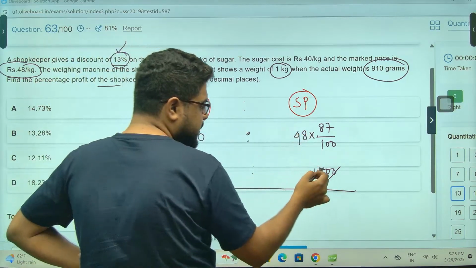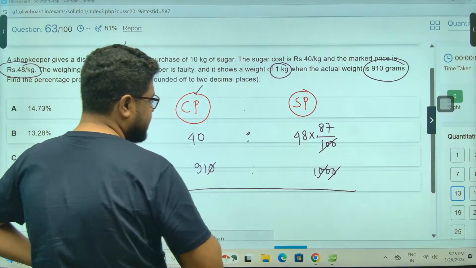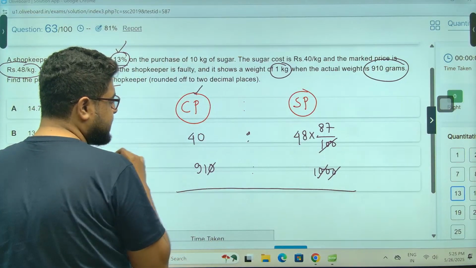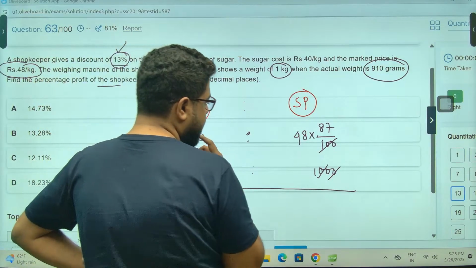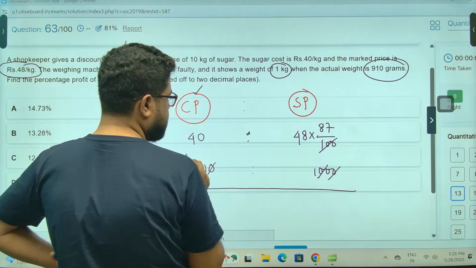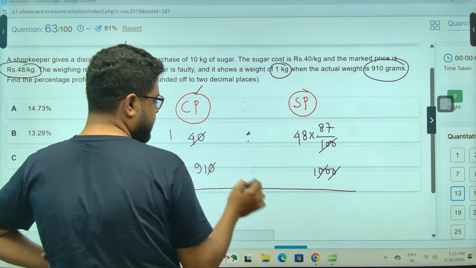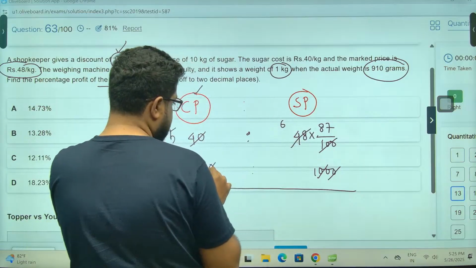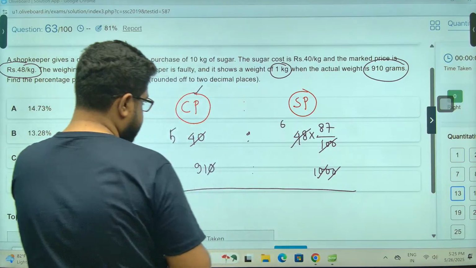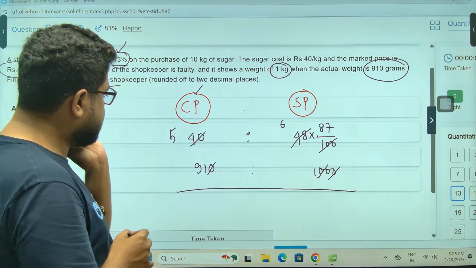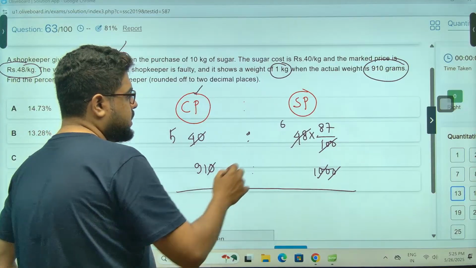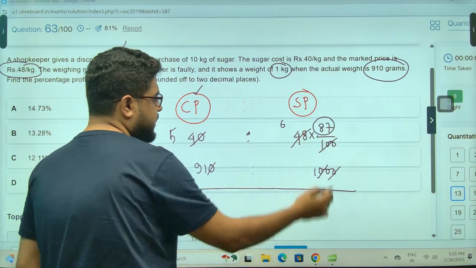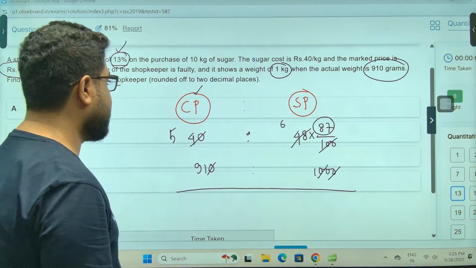So this into this you do, this 100 cancels. Anything else? So 5 8s are 40, 6 8s are this. 9 1. This is divisible by 3, but I don't think we can do anything.